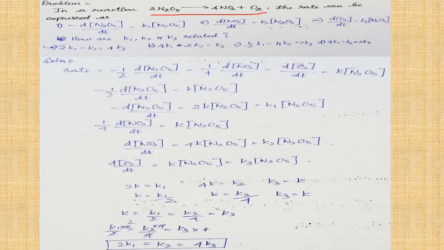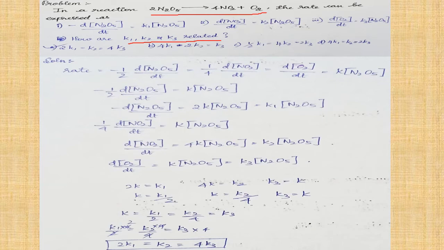Then the question is, how are K1, K2 and K3 related? We have to use the rate expression and find how K1, K2 and K3 are related. They have given 4 options, and this problem is a very simple one.